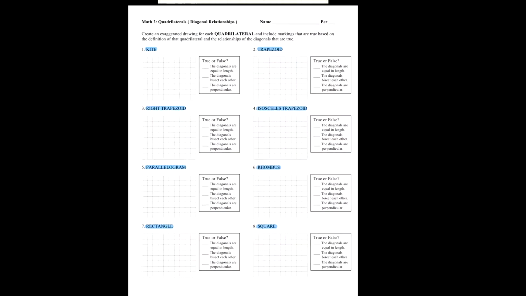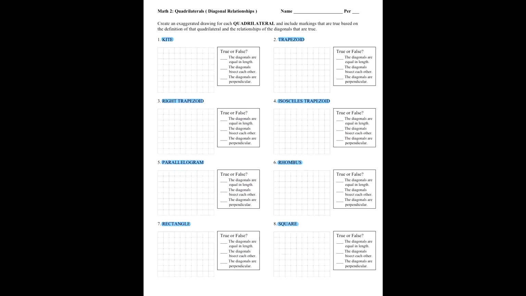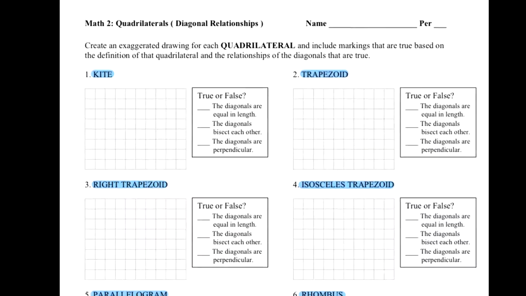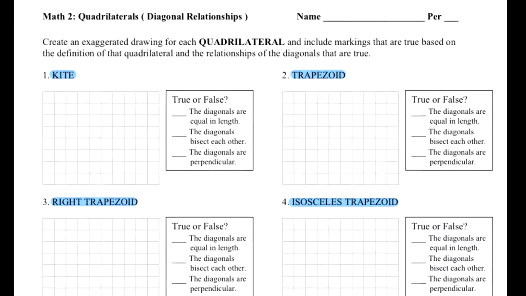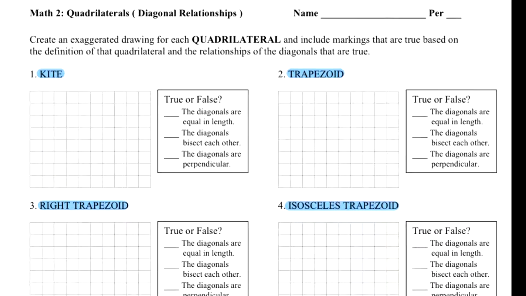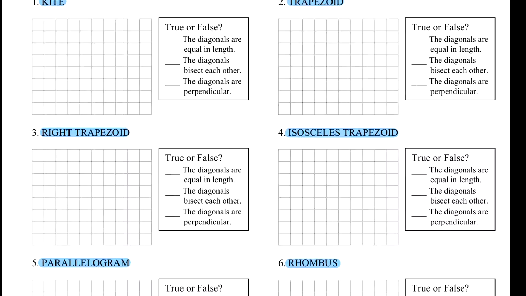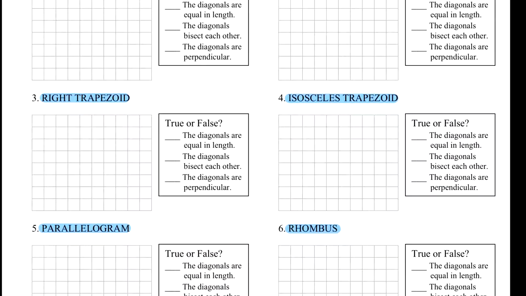This is the worksheet I'm going to try to make available for you, for those of you that can print it out. If not, really you don't need to anyways. If you have graph paper, it makes it easier for you because the grid definitely helps. But I'm just showing you a blank version of this so that you can have an idea what your notes are going to look like.